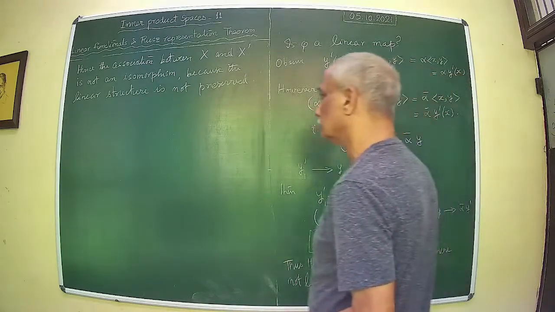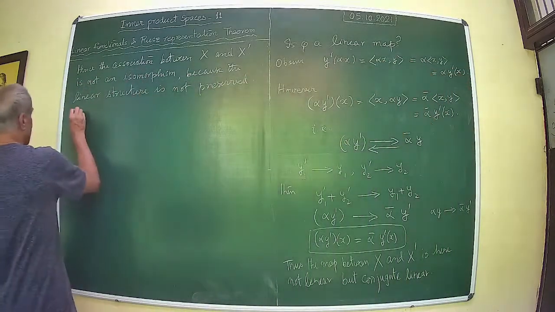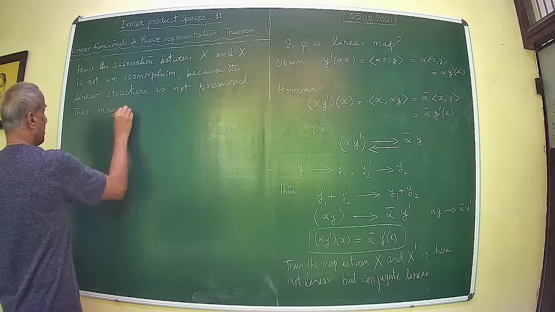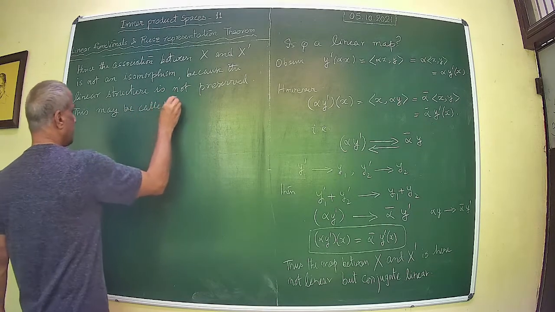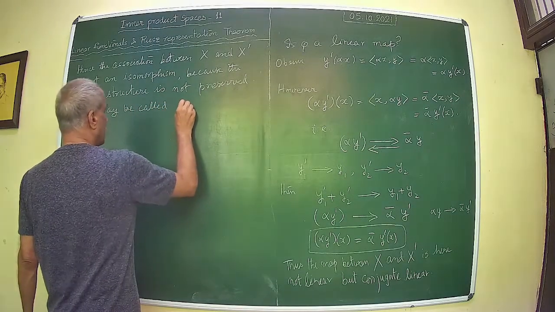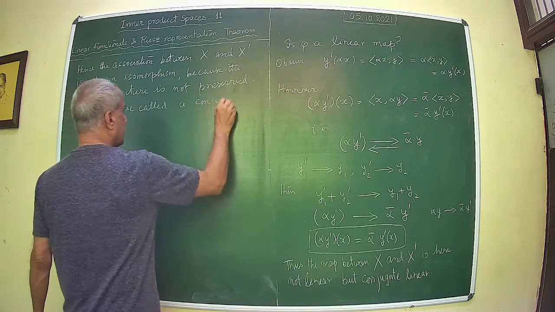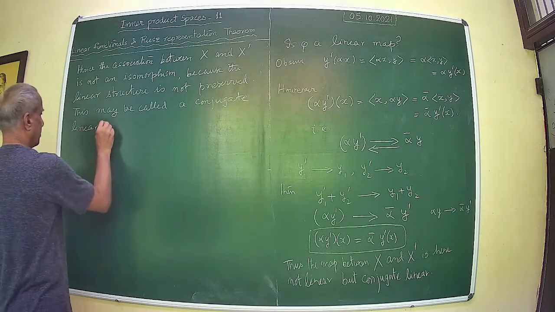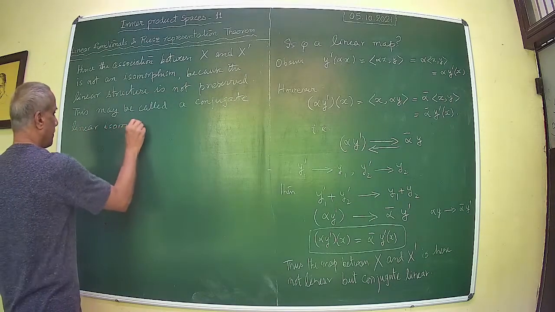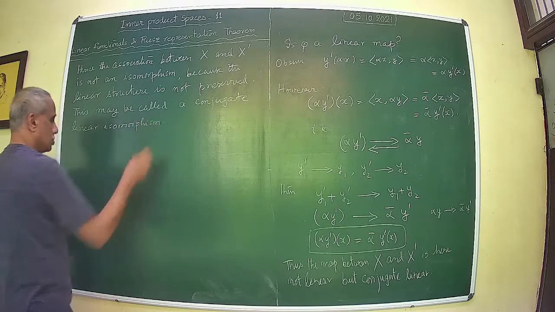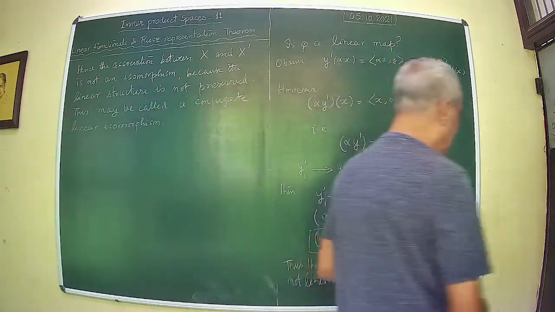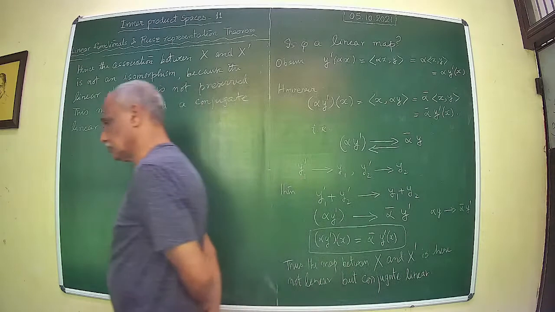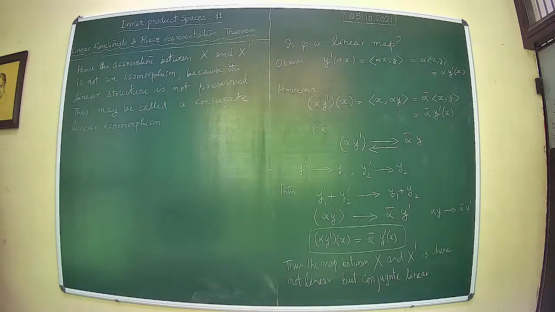That's the problem. However, it is conjugated. This may be called conjugate linear isomorphism. So x and x prime are not as such isomorphic to one another. They are conjugately isomorphic.